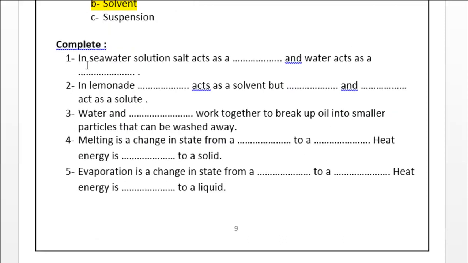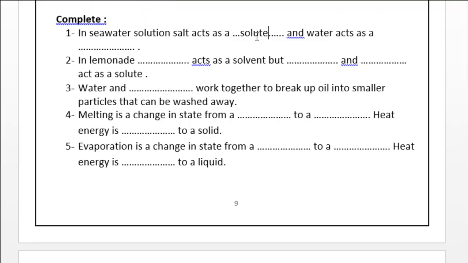Okay, now in seawater solution, salt acts as solute, and water acts as solvent. Number 2, in lemonade, what acts as a solvent?